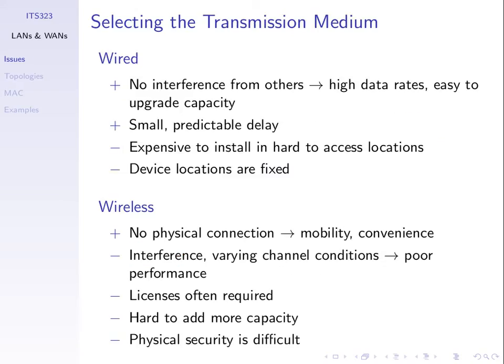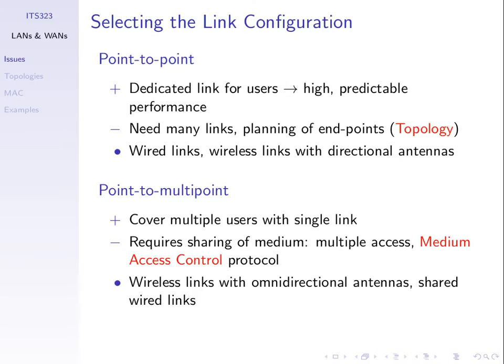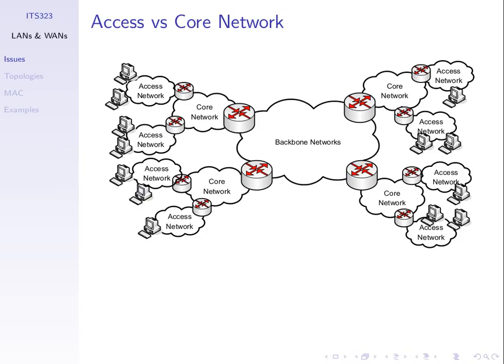So, categorizing networks by transmission medium, by link configuration, and by who accesses and uses the network. We said we can distinguish between access and core networks. Let's try and explain this with this diagram.